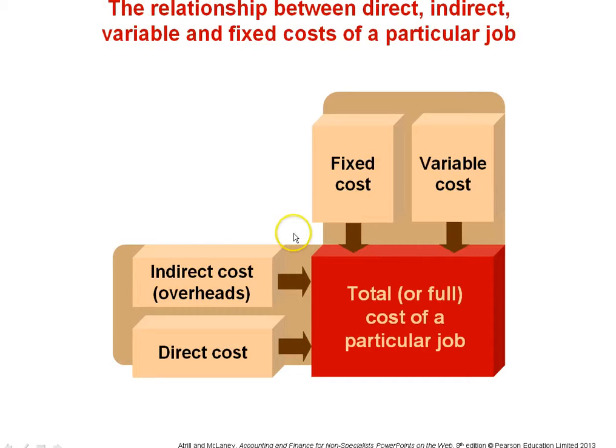So a particular cost, indirect, is likely to be a fixed cost, and our direct costs are going to be variable costs. So they're just two terms for essentially the same type of cost. But a direct cost is not going to be a fixed cost, and an indirect cost is not going to be a variable cost.